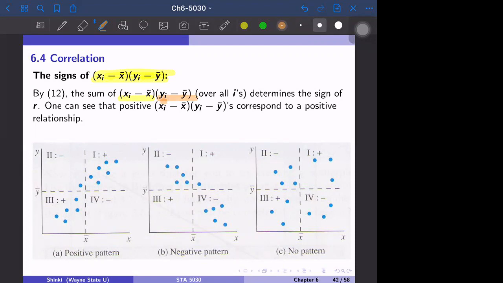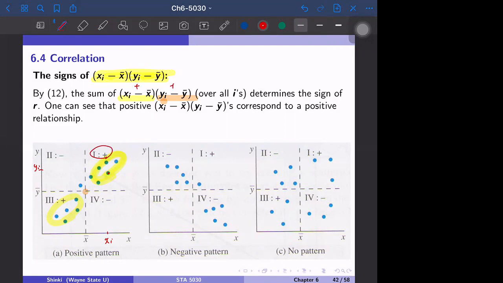So think about the center of the data: x bar, y bar is the center. If we have a positive relationship between x and y, most observations are in quadrant 1 or quadrant 3. In quadrant 1, xi is larger than x bar, and yi is larger than y bar. So this is positive, positive, and the product is positive.